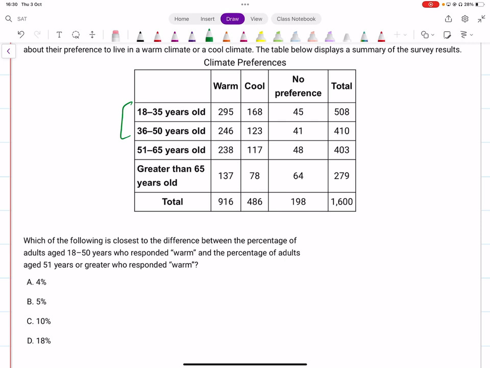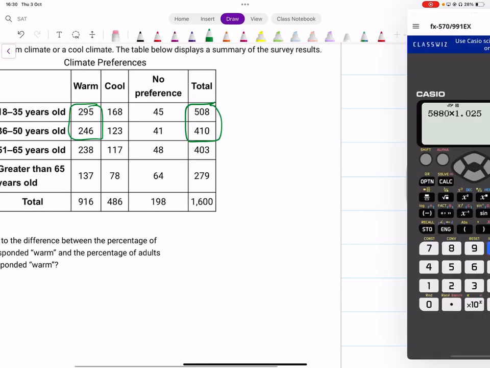What's the percentage of these people? What's the total of these people? This is the total of these people, right? Out of these, how many responded warm? This number. So what's this percentage? You can calculate this. This is how you would do it.